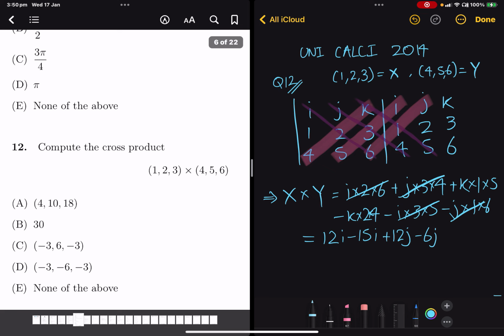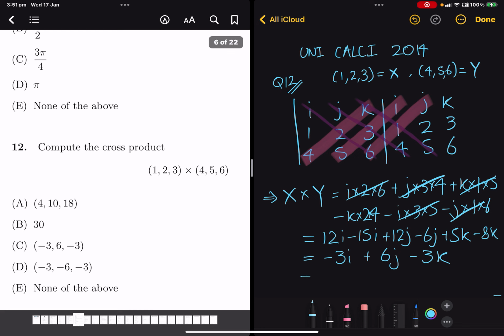Then k times 1 times 5, that's plus 5k, and k times 2 times 4, that's minus 8k. So if we put these together, 12 minus 15 is minus 3i, 12 minus 6 is plus 6j, and 5 minus 8 is minus 3k.